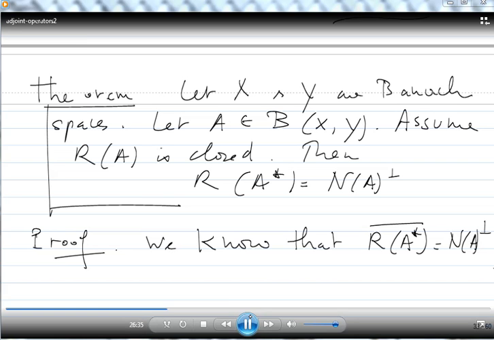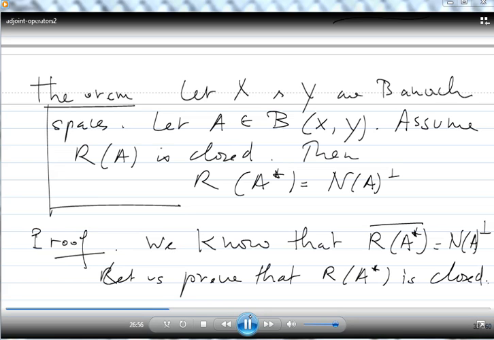Okay, so what we need to show, let us prove that R of A star is closed. If that's the case, then we get our equation that we are looking for.